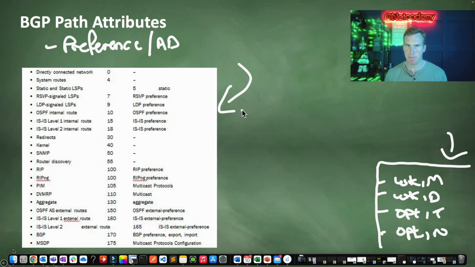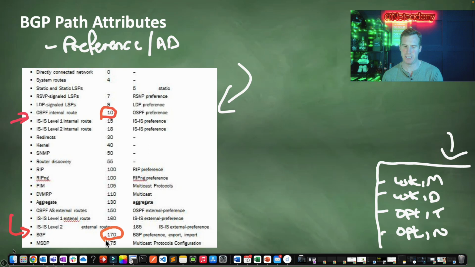But it's important to note that if there are 2 routes or 2 options to get to the same network, say you've got one which goes over OSPF and one that goes over IBGP, just for example, if we look at the preference list from OSPF to BGP down here, you can see a massive difference. OSPF for internal routes has a cost of 10, whereas BGP has a cost of 170.